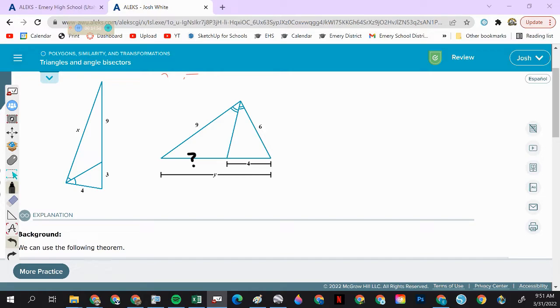Okay. This divided by that is equal to this divided by that. But how big is the question mark? Is it y? No. Y is question mark and 4 put together. So how big is the question mark side?